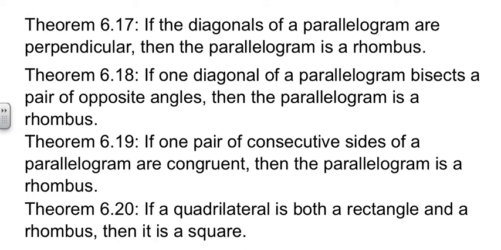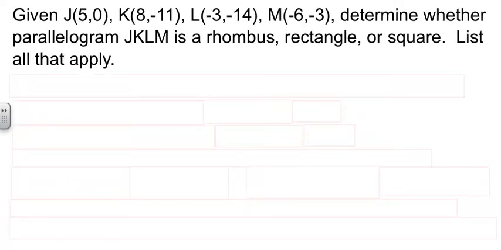Okay. So the big key to testing for these things is diagonals. Suppose they give us some points and they ask us to decide if we have a rhombus, a rectangle, or a square. Now notice they're doing us a bit of a favor. They're telling me up front it's a parallelogram. Remember last time when we did the rectangle video, we had to first test to see if it was a parallelogram?